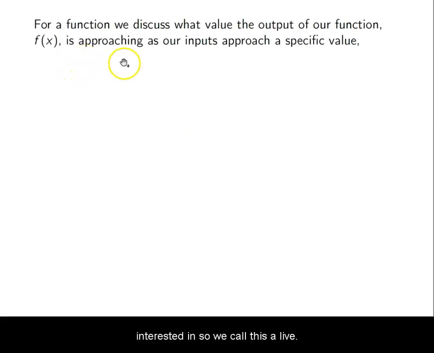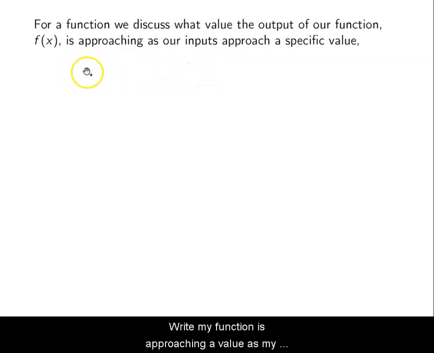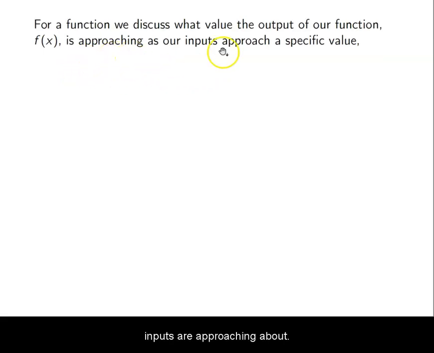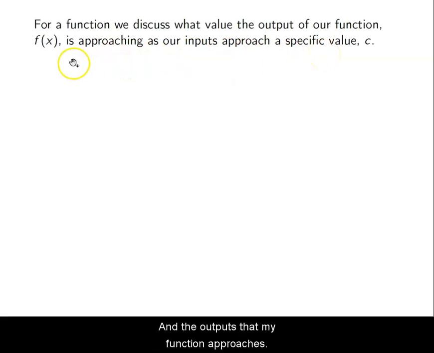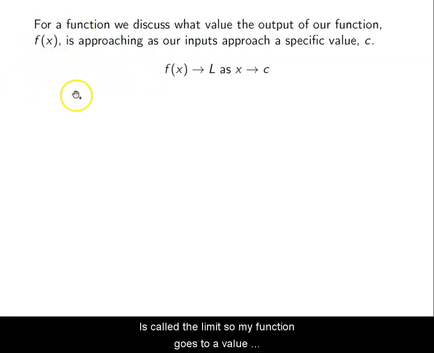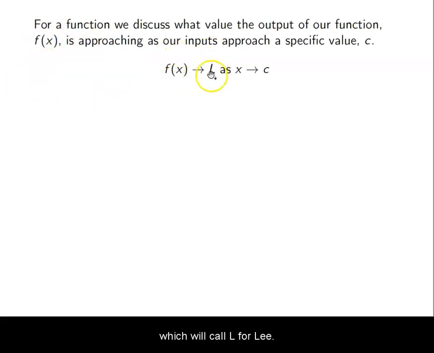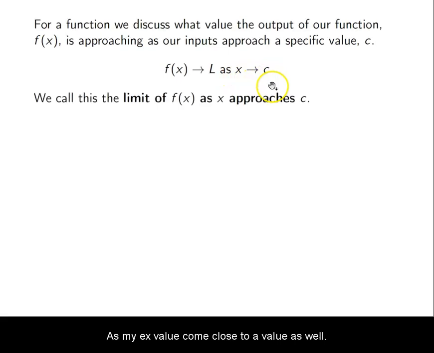So we call this a limit, right? My function is approaching a value as my inputs are approaching a value. And the outputs that my function approaches is called the limit, okay? So my function goes to a value, which we'll call L for limit, as my x values come close to a value as well, okay?